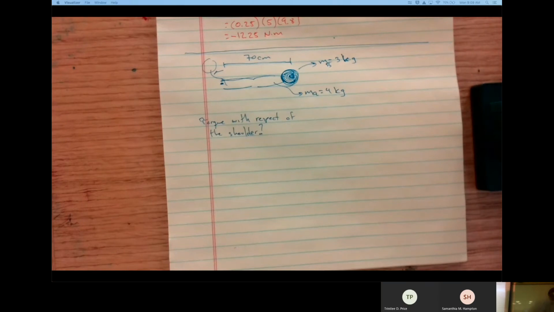Okay, so really quick, write down the forces that you have in this problem. Just write it down. Okay, Jacob, what forces do you have?